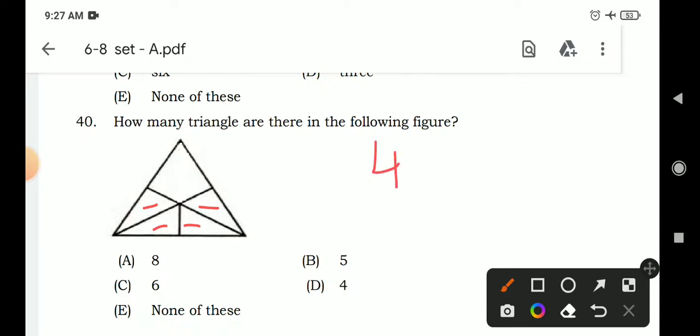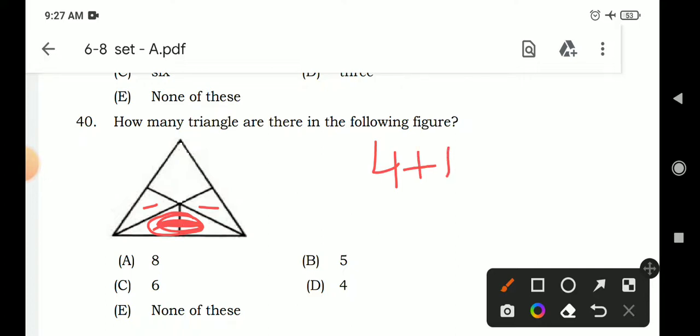Okay, now look beta, now count the triangles made of two small triangles. This one only. This triangle is made of two small triangles, one triangle.